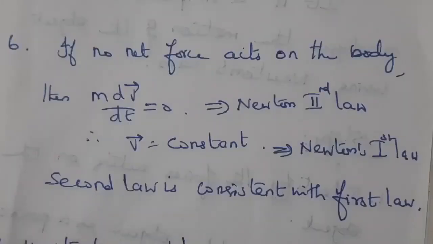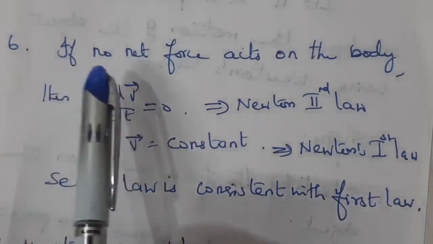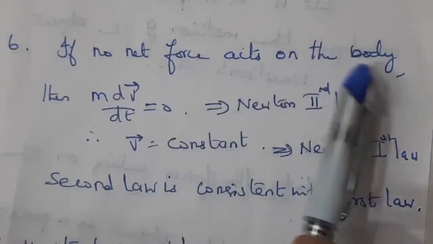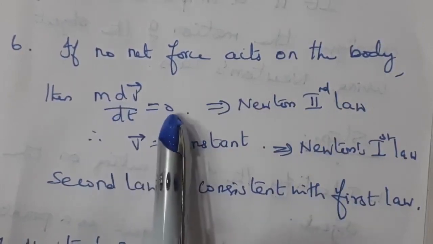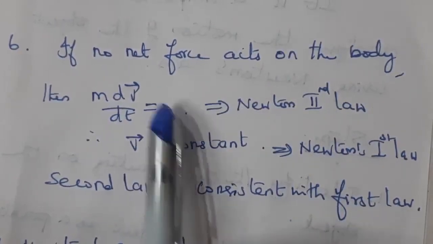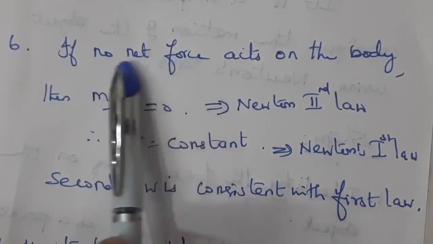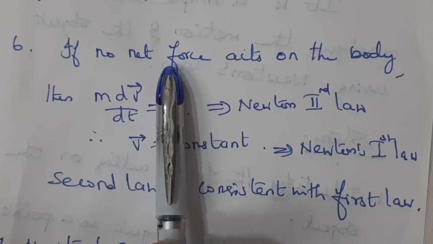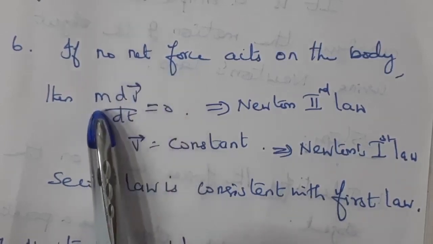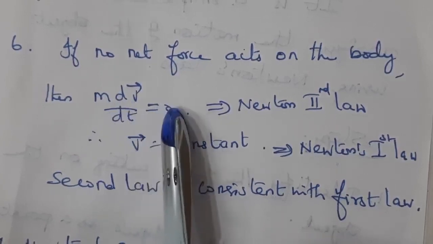The next discussion is, if no net force acts on the body, then m dv vector by dt is equal to 0. That is, no net force in the sense F vector is equal to 0. F vector is equal to 0 means ma vector is equal to 0, that is, m into dv vector by dt is equal to 0.